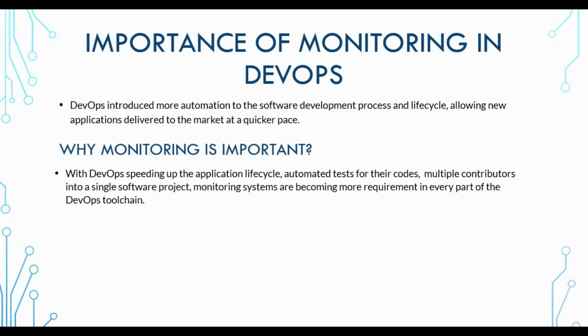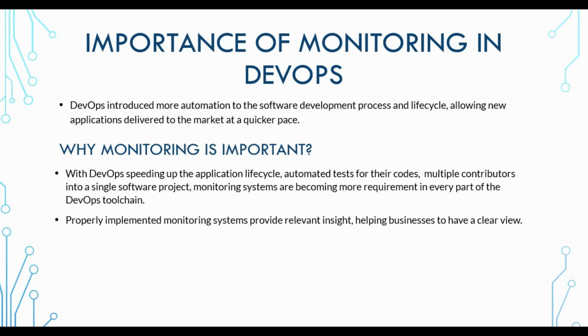This is a place where you need to have a proper monitoring system for understanding the requirements of every part of the tool chain. So we need to implement a proper monitoring system in every part of the tool chain, whether it is the plan stage, the build stage, or the test stage. In all those stages we need proper monitoring, so that the whole DevOps cycle is proper.